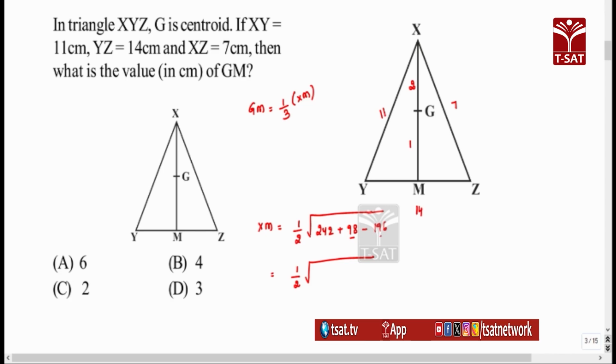So 242 plus 98 is 340, minus 196, it will be 144. Root of 144 is 12, and 12 by 2 is equal to 6. Median is 6. You are dividing 6 in the ratio 2:1. Therefore, GM is equal to 1/3 of 6, which is 2.